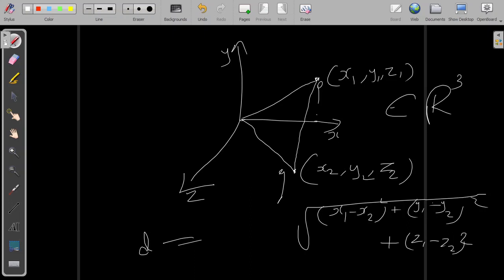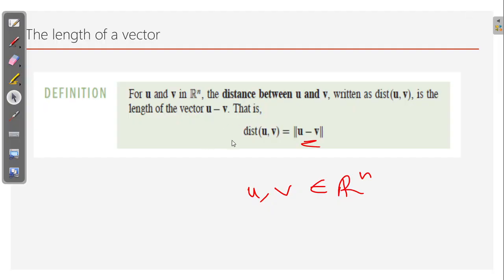In this discussion we are saying that you can extend this concept to Rn. The distance between u and v is defined as norm of u minus v.